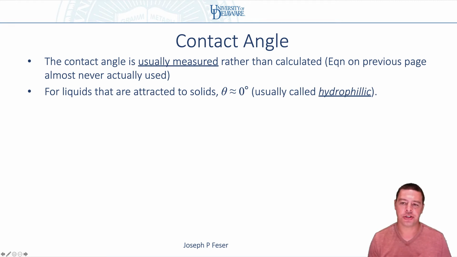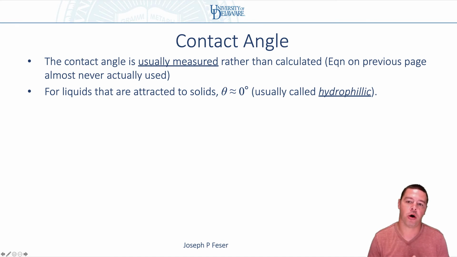So just in general, anytime a liquid is very attracted to the solid, what you'll find is the contact angle is close to zero, meaning that if given the chance, it will fully wet and form a continuous film across the solid. So that's the ideal case of a liquid being extremely attracted to the solid.